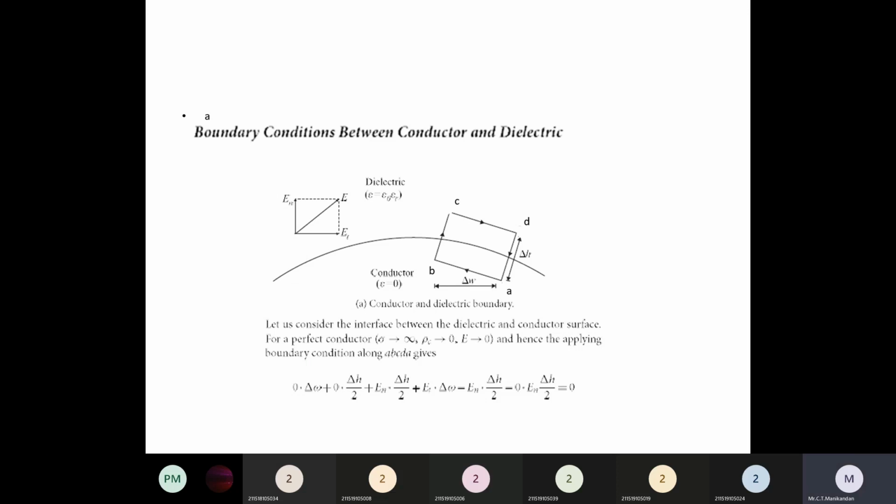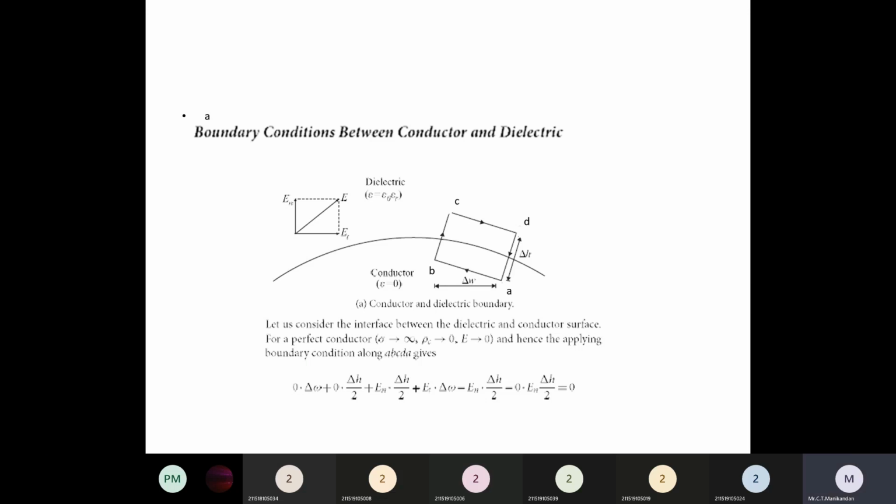Here I am placing a conductor at the top, and after the conductor I am placing the dielectric material. What happens if you place a conductor over the dielectric material?